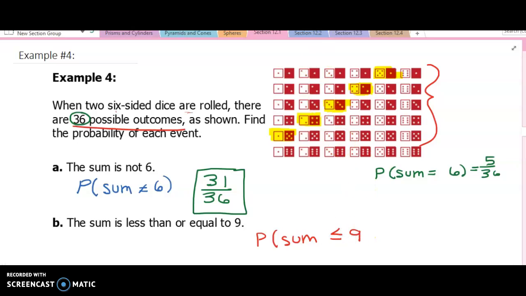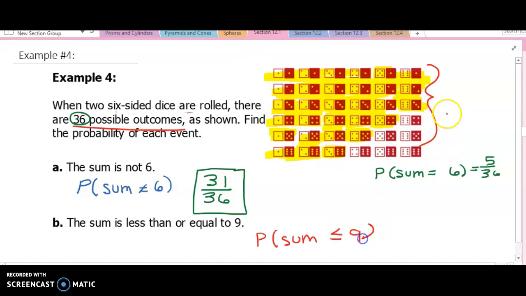All right, so part B says the probability that the sum is less than or equal to 9. Well, all of these are less than or equal to 9. This one's equal to, this one's equal to. So I have highlighted all of the dice outcomes that are less than or equal to 9.